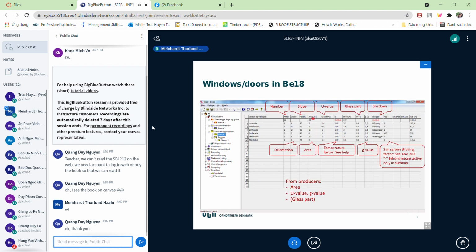Yes, so basically when we're in the third area for the windows, there's a lot of things we need to look at. Basically, there are two ways. Either you say how many windows you have and what is the size of that specific window, or sometimes I've seen someone just put in one as the number and then the total area in the other field.